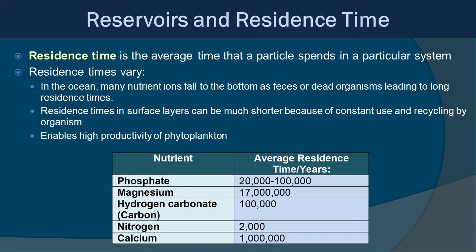This is due to the high level of productivity with phytoplankton and a high turnover rate. The table on the bottom here gives you an idea of what the residence times can look like for different nutrients. Phosphate, for example, 20 to 100,000 years. Magnesium, 17 million years. Carbon, 100,000 years. Nitrogen, a little quicker, 2,000 years. Calcium, 1 million years. These are long residence times, really.